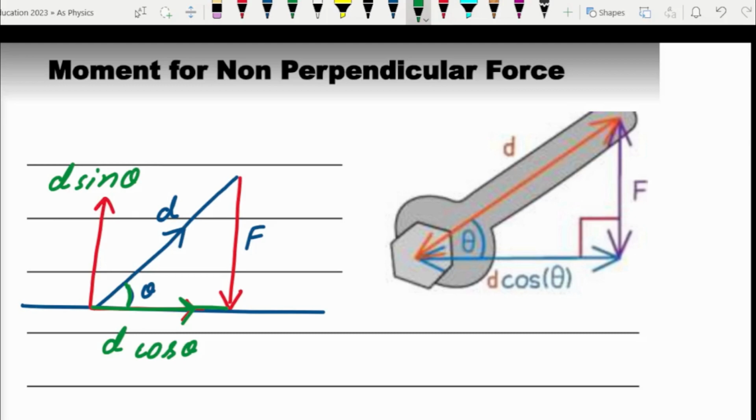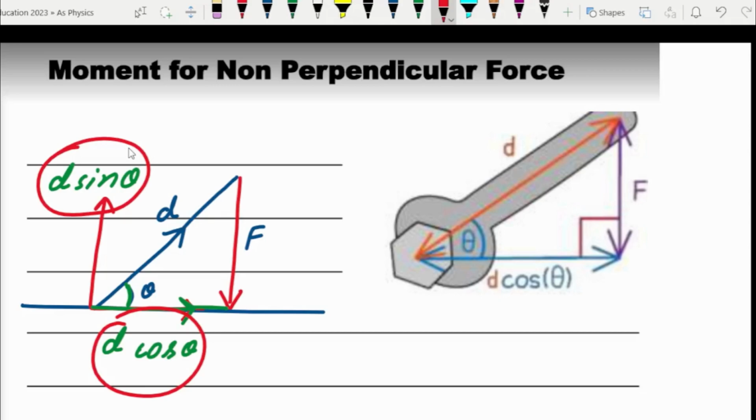Now you have to choose the component of the distance that is perpendicular to force. So we have to choose either d sine theta or d cos theta. Out of these two components, which one is perpendicular to force? Not parallel; parallel or anti-parallel is just the same thing.